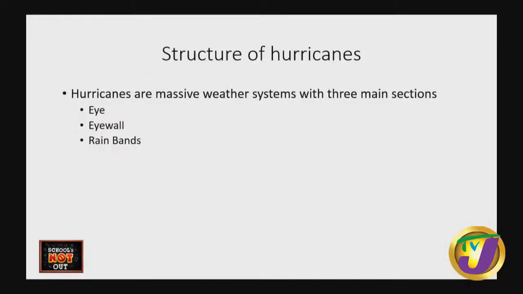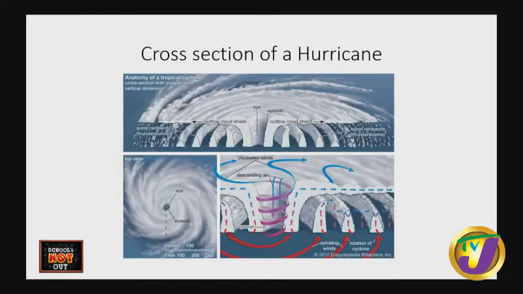And speaking of the eye, let us look at the structure of what hurricanes really are. They are distinctly three parts: an eye, an eye wall, and rain bands. Now, these rain bands can extend for roughly tens to hundreds of kilometers from the center of the storm. So let's just dissect a little for you and show you what exactly the interior workings of a hurricane are, all right? So we have a very nice, calm eye on the inside.